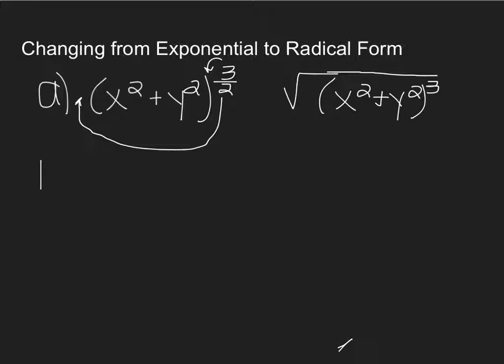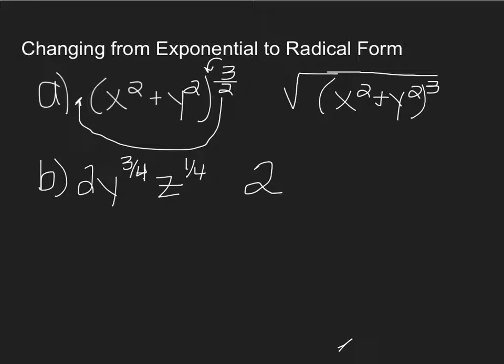Let's take a look at another example. Here we have 2y to the 3/4 power z to the 1/4 power. Note that the 2 is to the first power, so we can leave it by itself.